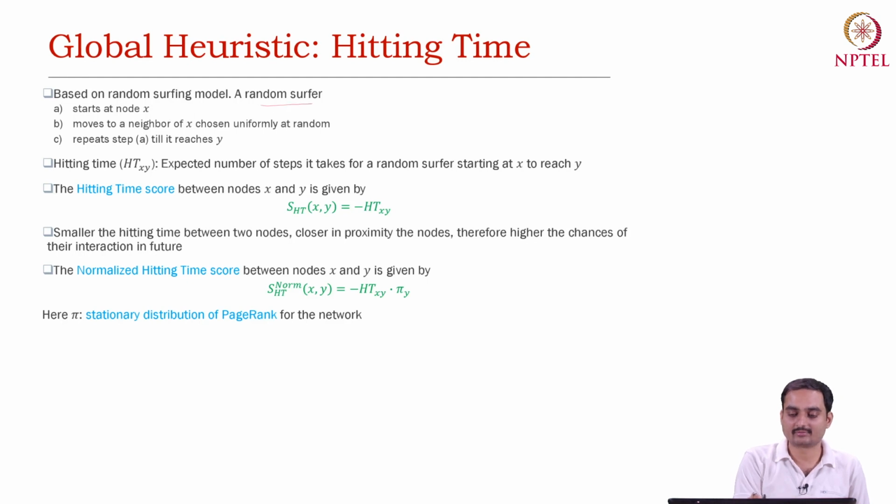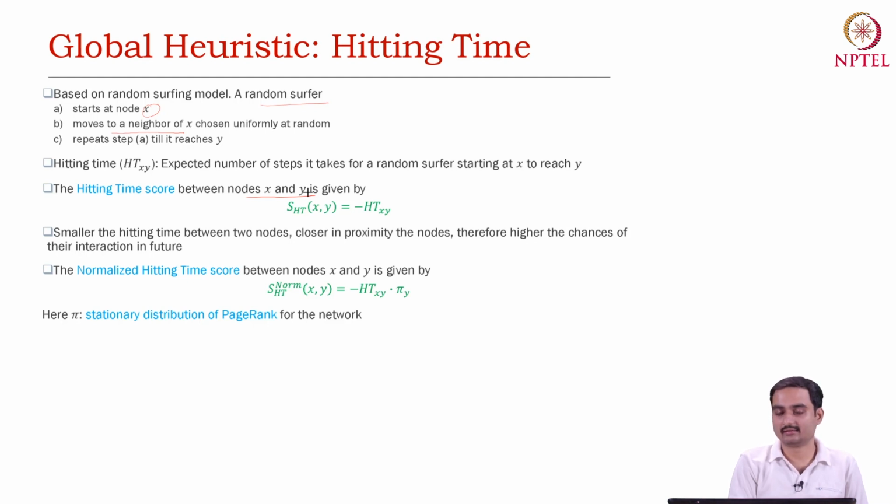So, you start your random surfing from a node x, you move to a neighbor of x, again you just choose one of the neighbors uniformly at random, and then you move there, again from that node you choose one of the neighbors uniformly at random, and you move there.